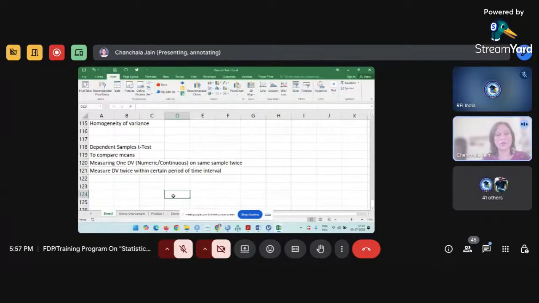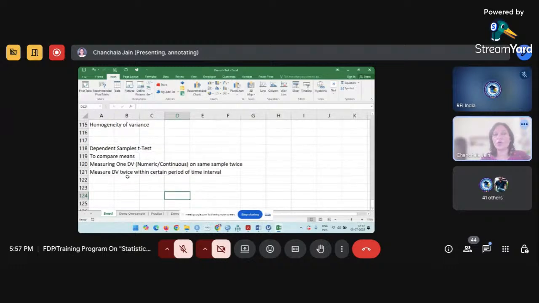So dependency is possible only when we use the same sample for measuring the dependent variable. So this is the concept of the dependent sample t-test. I hope the concepts of all three tests are clear: one sample, independent and dependent. All three are clear to everyone? Any doubt so far?